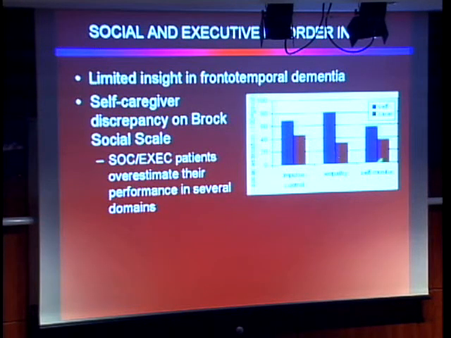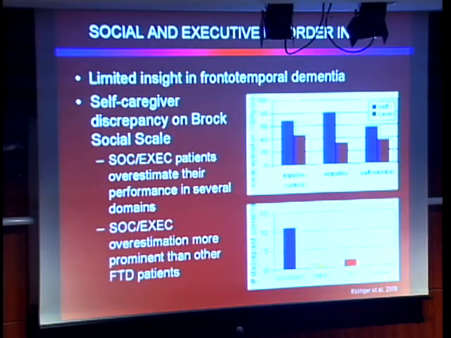The brown histograms represent your judgments. The blue histograms represent your loved one's judgments of how their own behavior is doing. And what you can see here is that there is a consistent discrepancy where patients with frontotemporal dementia consistently think that their behavior is fine and have little insight into the fact that some of these intrusive behaviors or the impulsive behaviors are not appropriate.